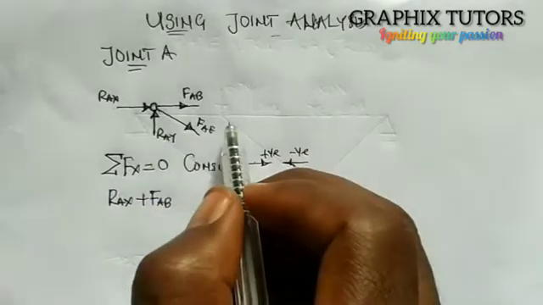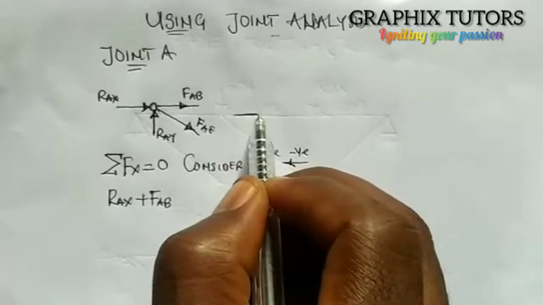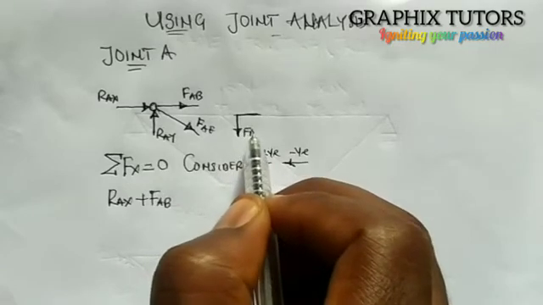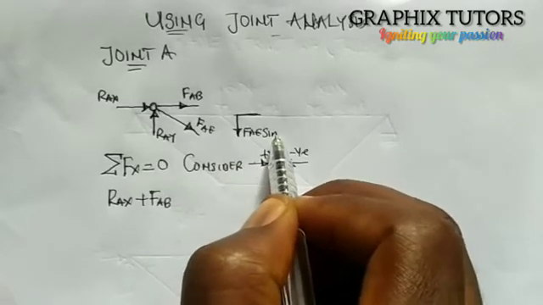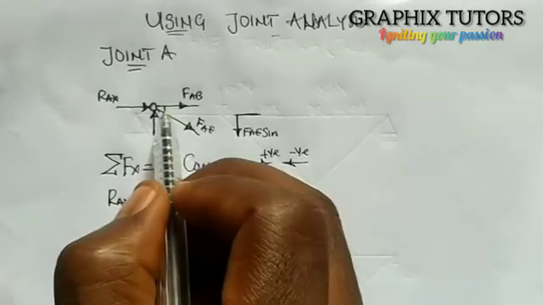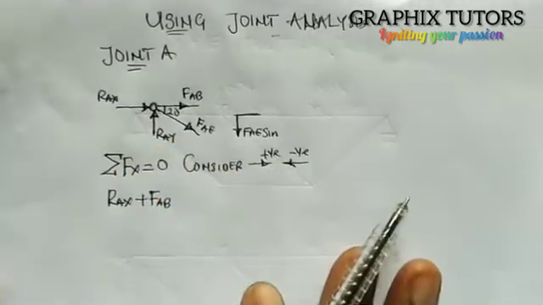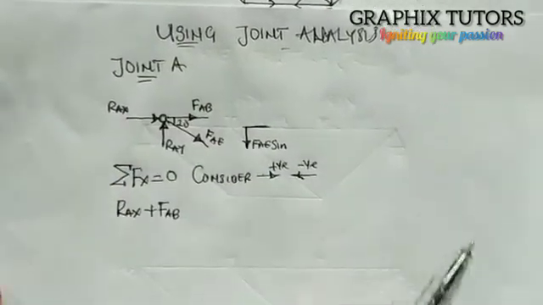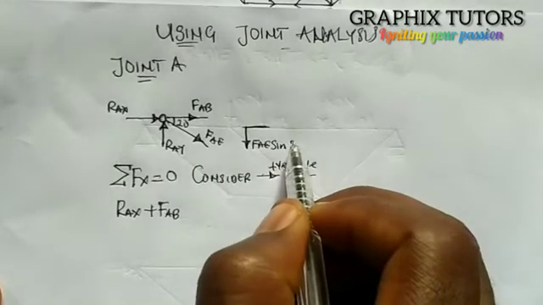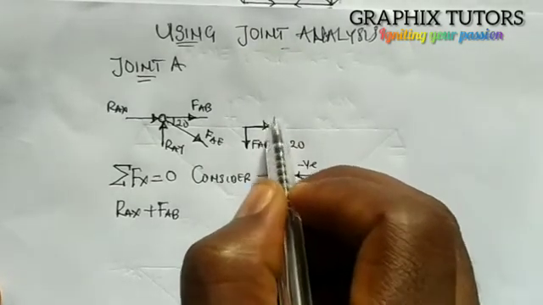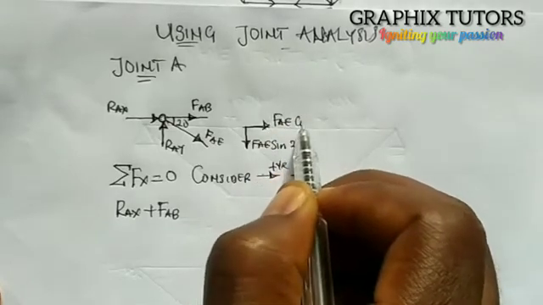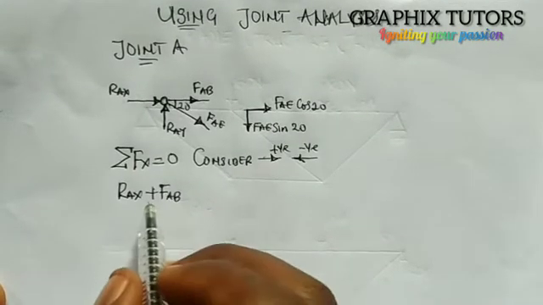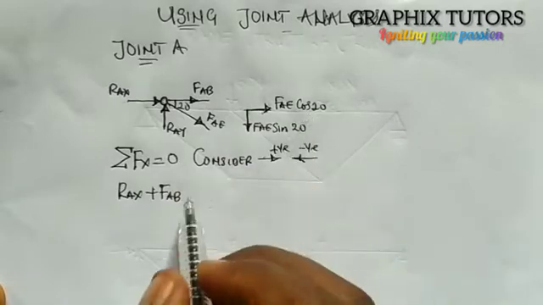But this is inclined, and when it's inclined, don't forget one towards the horizontal and one coming this way. So when you resolve it, you'll have FAE sine 20. Don't forget there's a 20 degree here, 20 degree there. So we're having FAE sine 20, and at this point here also we have FAE cos 20. Now from here, in doing that, my RAX plus FAB, I'll consider this one, then plus what?